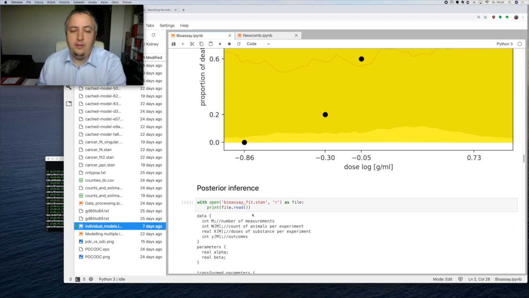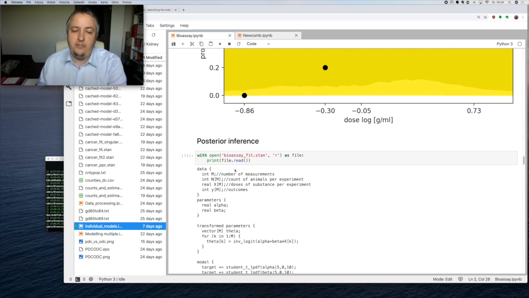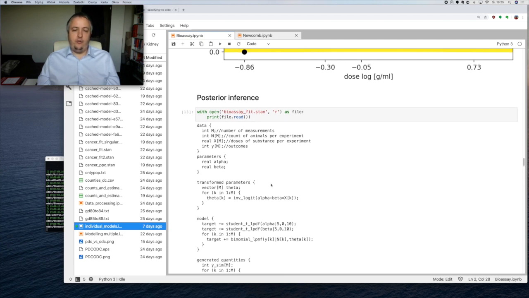Our actual model consists of data block is very similar, but we've added additionally the outcomes of each experiment. We have again two parameters, alpha and beta, which will be transformed for each of those experiments. And here we use the transformed parameters block. Transformed parameters block will be used to compute theta parameters.